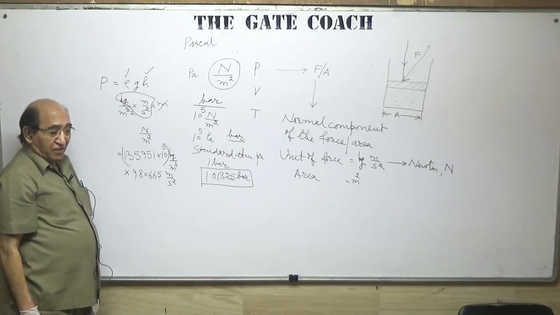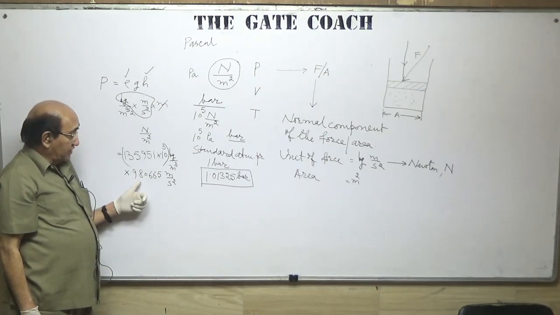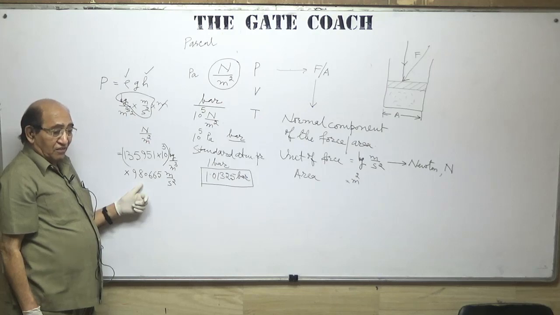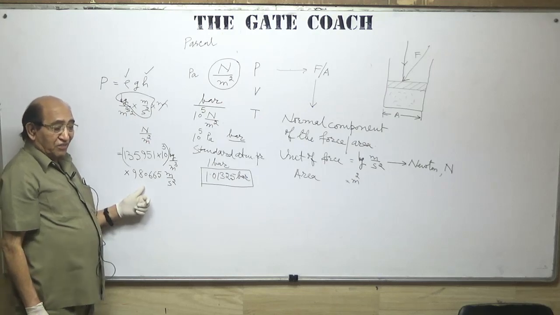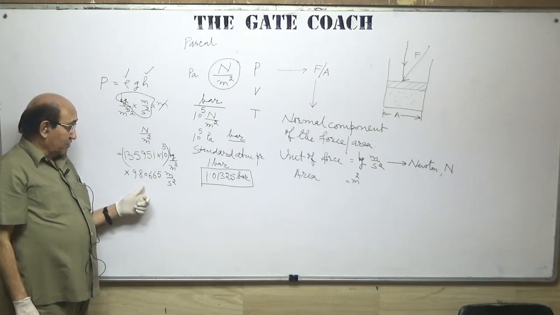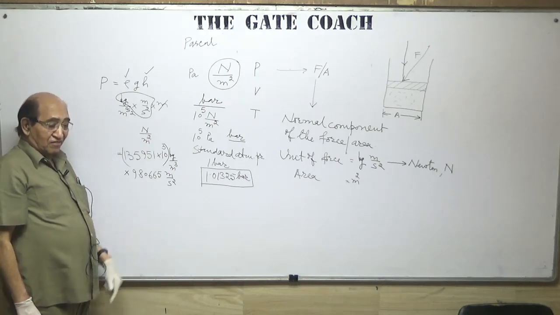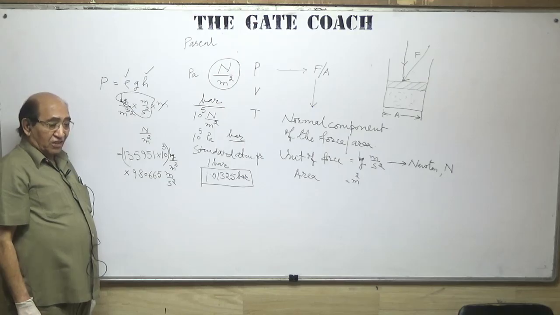When you talk fundamentally, the value of g happens to be 9.80665. 9.81 is the round off figure. Whereas when you are in 9th or 10th class, many times you have been taking the value of g as 10 meter per second square. That is all that is required.